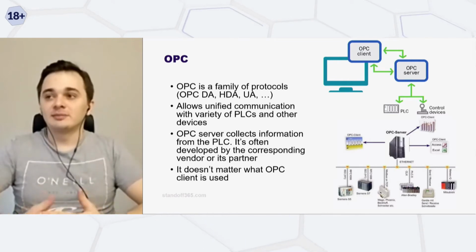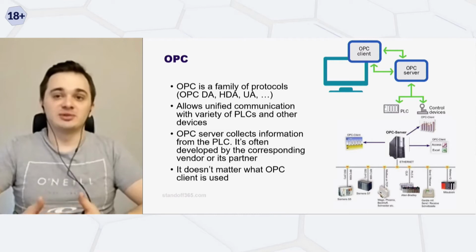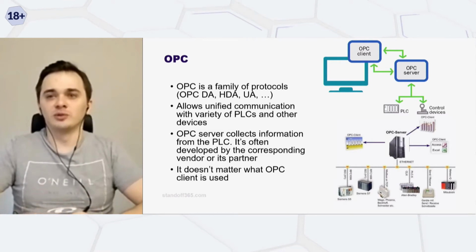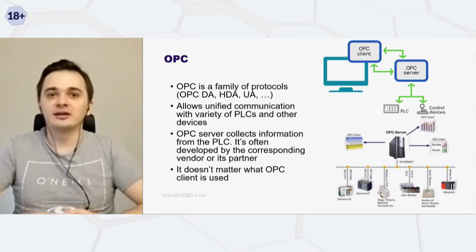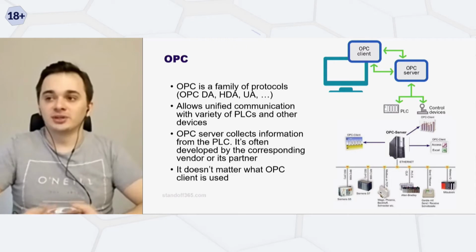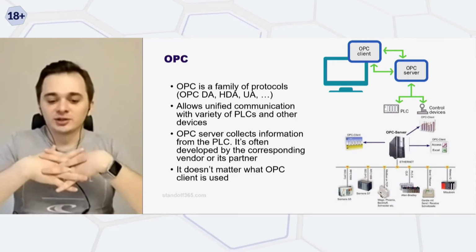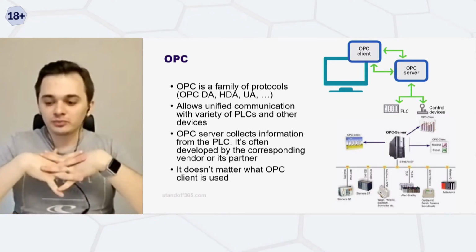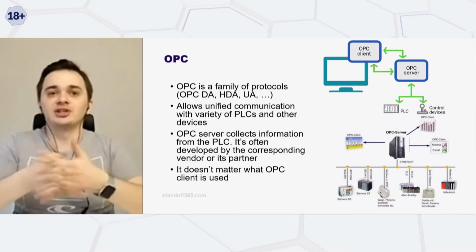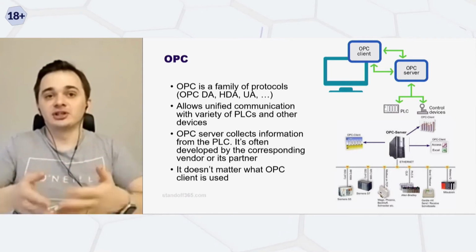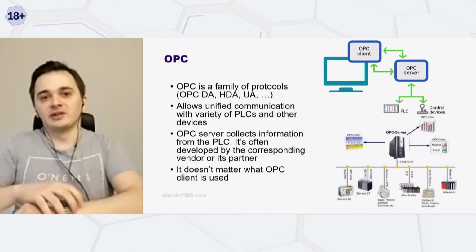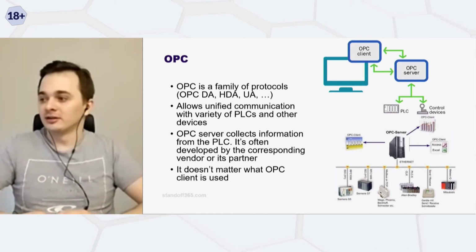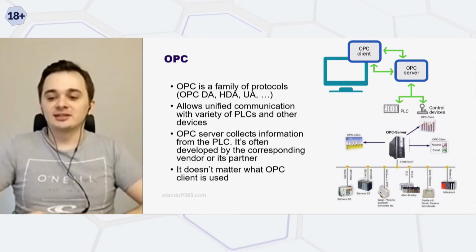Let's talk about this technology. OPC is a family of protocols. It includes OPC-DA, HDA, historical data access, UA, unified access, and several other protocols. We need OPC for the reasons that we touched upon yesterday. Maybe at your factory you have a PLC from one vendor and hardware from a different vendor.